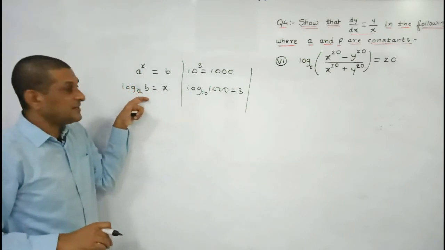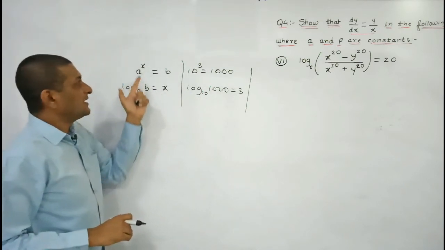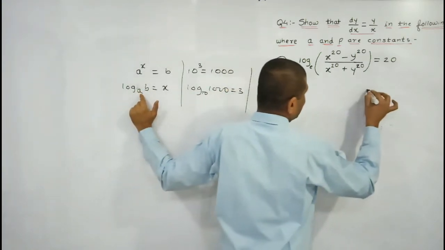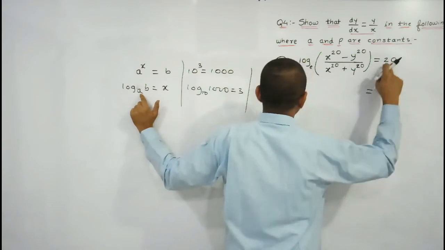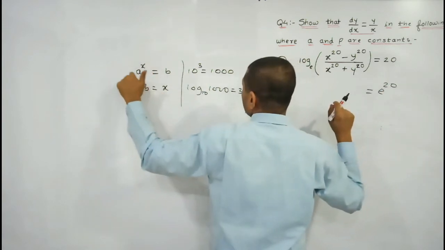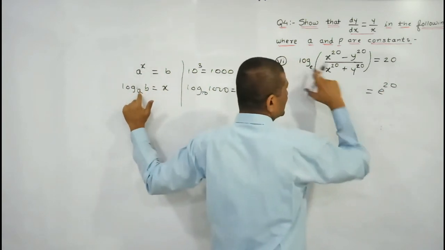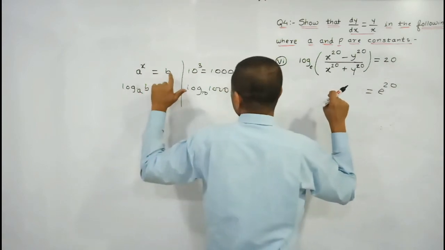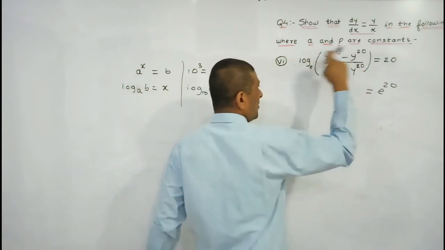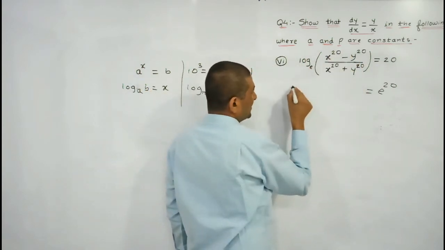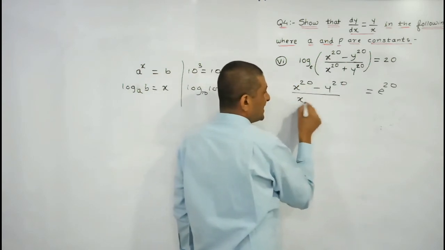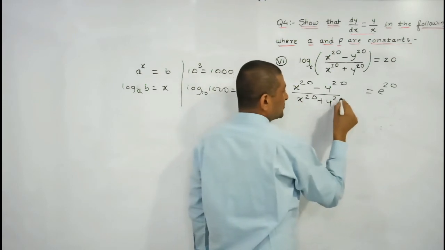So we are trying to convert it in the exponential form. तो यहाँ पे क्या मिलेगा हमें? a raised to power x. What is a here? a means base, so a means e raised to power x की value यहाँ पे कितनी है? 20 आ गया. a is nothing but base, यहाँ पे base e है, तो e raised to power 20 is equals to b. तो b की value, log of b बोले तो ये हो गया log of b to the base e. तो ये b हो गया x raised to power 20 minus y raised to power 20 divided by x raised to power 20 plus y raised to power 20.